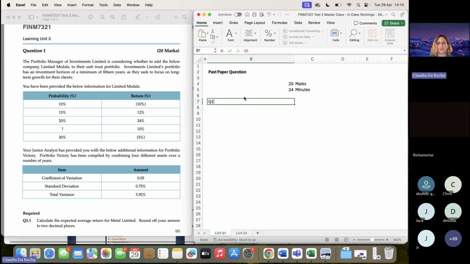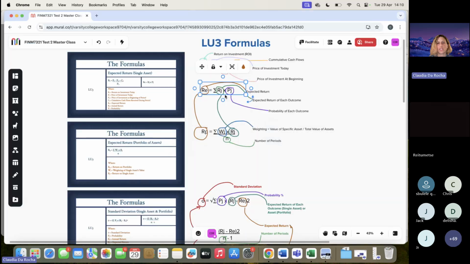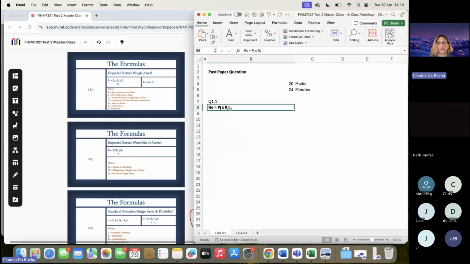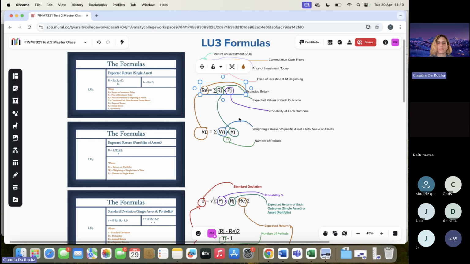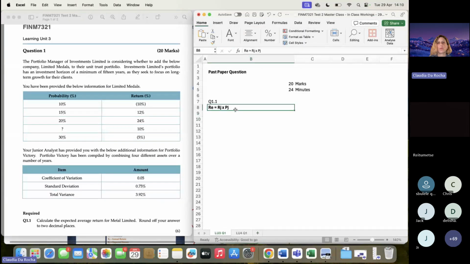So first step always is we write down the formula. So this just makes us RJ times PJ. I've just done it the other way around. And when we solve.